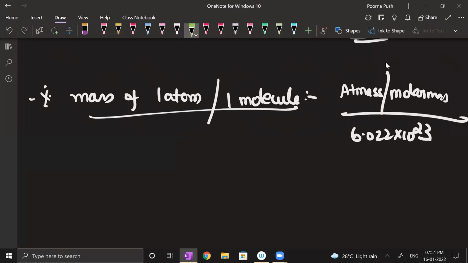I'll give you one question. Mass of one atom of sodium. So how do we calculate this?